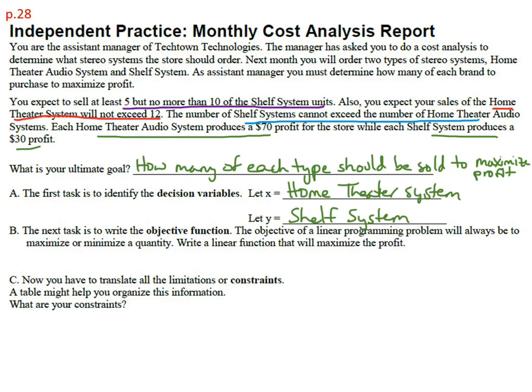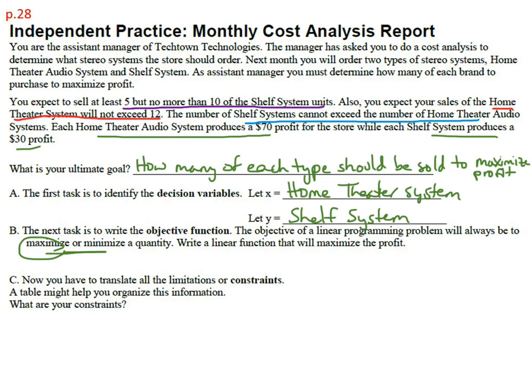Alright, so now we want to write our objective function. Remember, we are limited by things. So we'll start with writing our objective function, and then we'll get to the limitations or the constraints. Remember, our goal was to maximize.